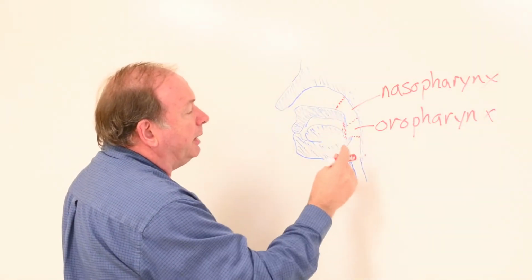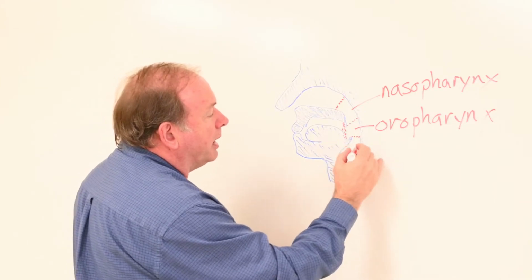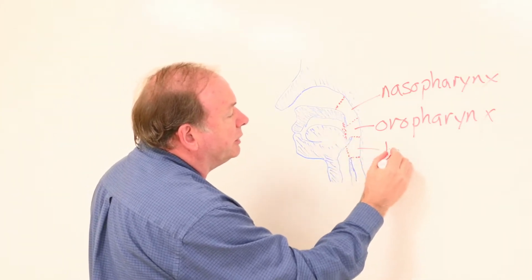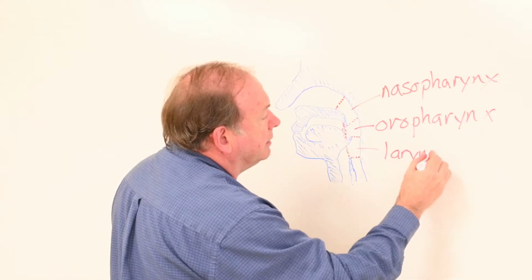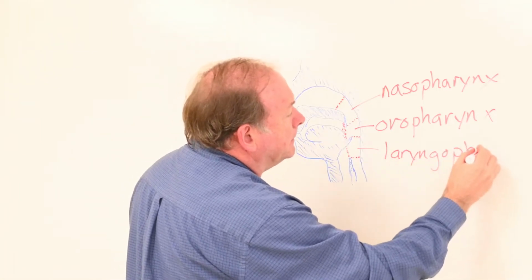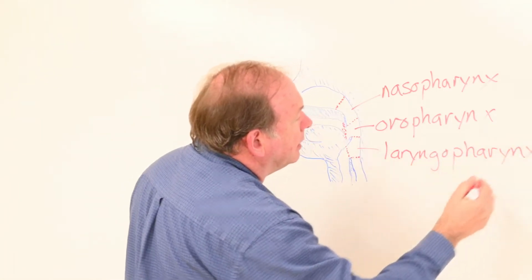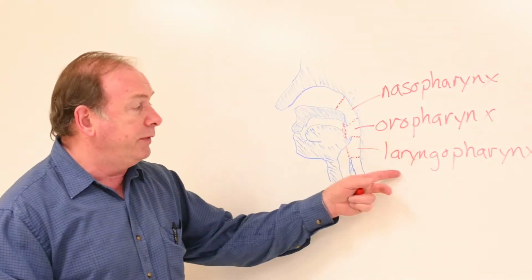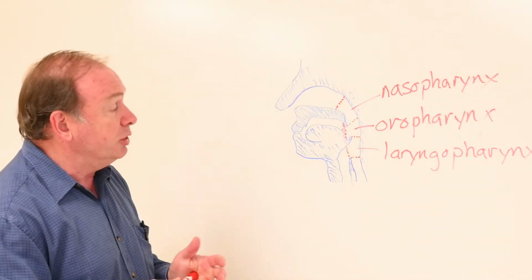And then down a little bit lower near the opening to your windpipe right in here, this region is referred to as the laryngopharynx. So we have nasopharynx, oropharynx, and laryngopharynx, the three pharyngeal regions.